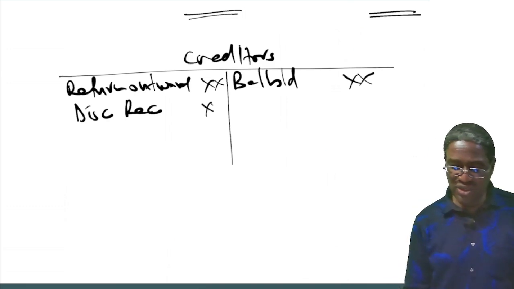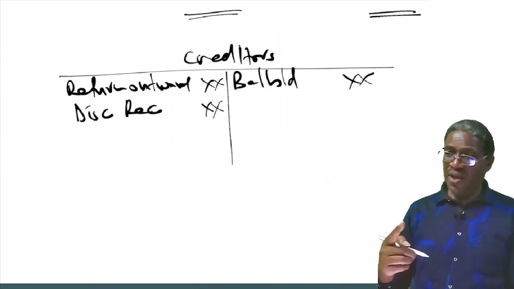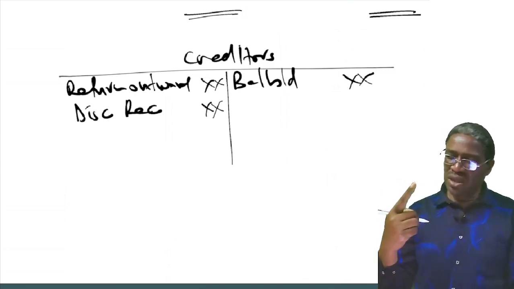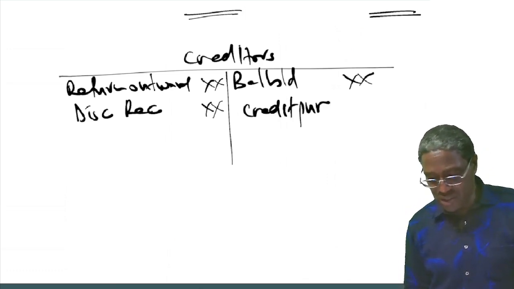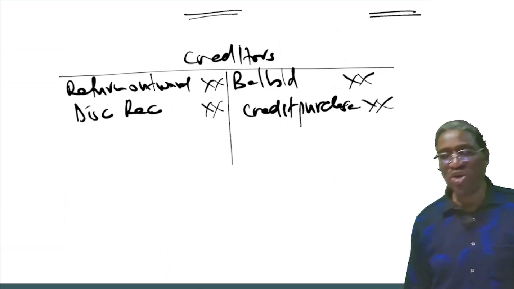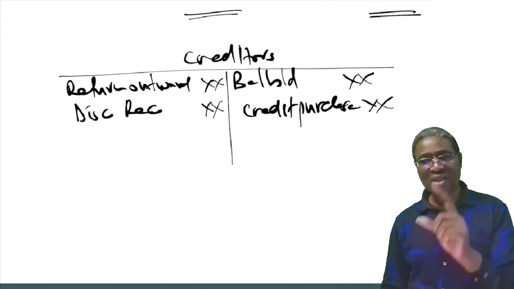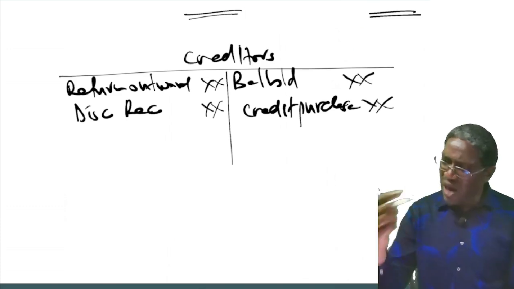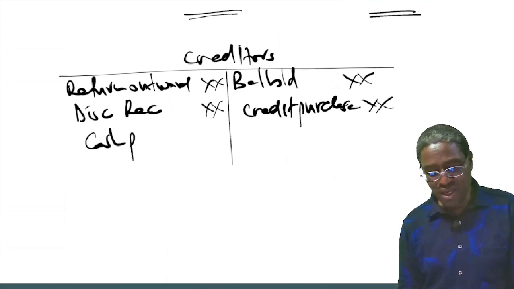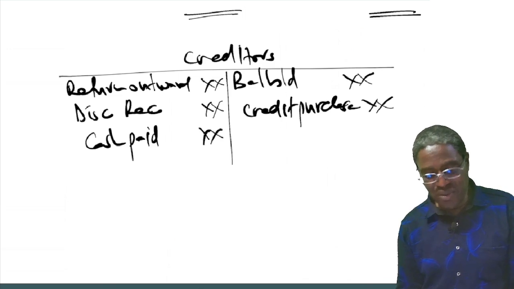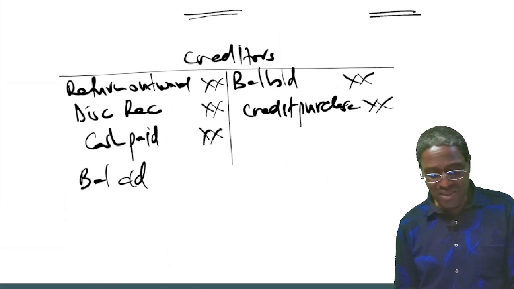Then we normally credit creditors with credit purchases. Whenever we purchase goods on credit, we credit creditors. Whenever we pay our suppliers, we normally debit the cash paid in the creditors account. Then by the end of the year, we get the balance carried down.